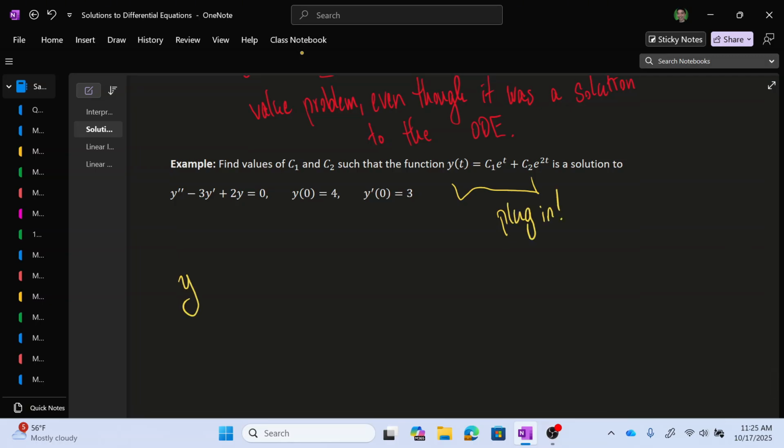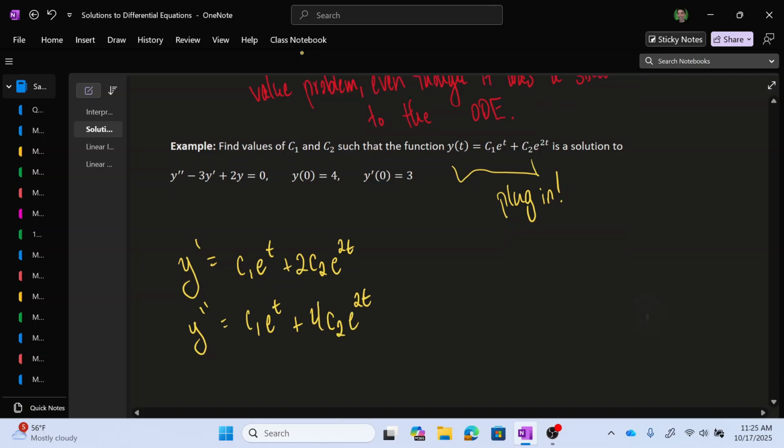So I'm going to go ahead and calculate the first derivative and the second derivative using the traditional rules of working with exponents.